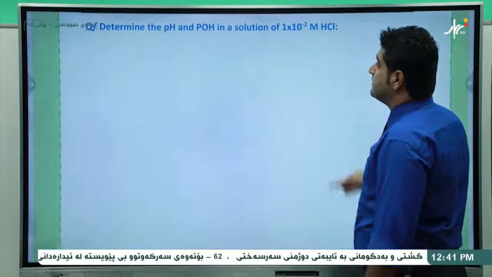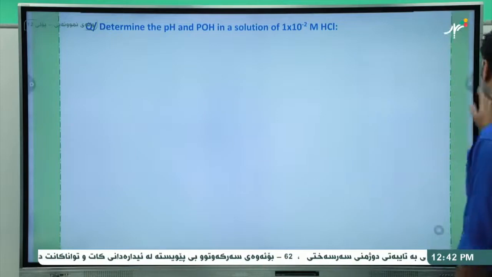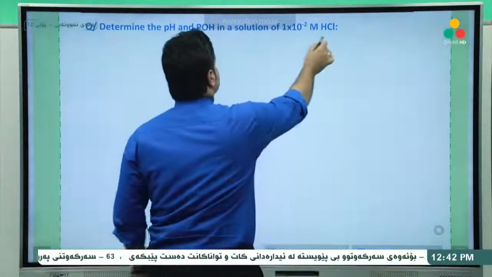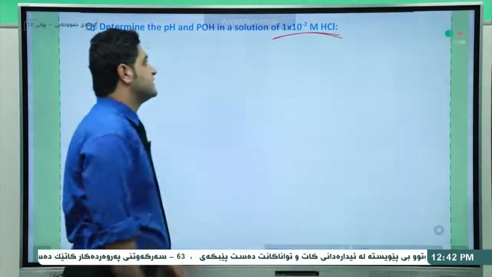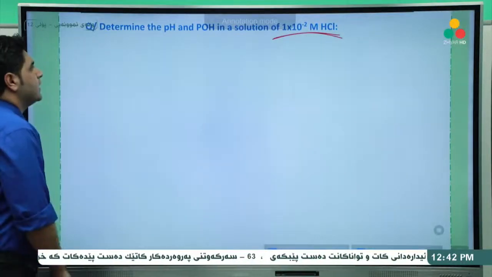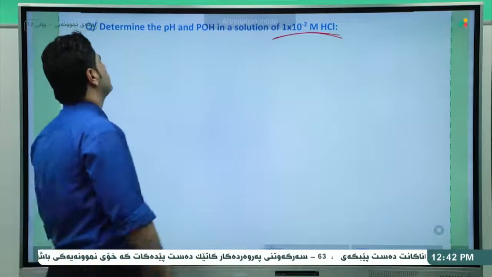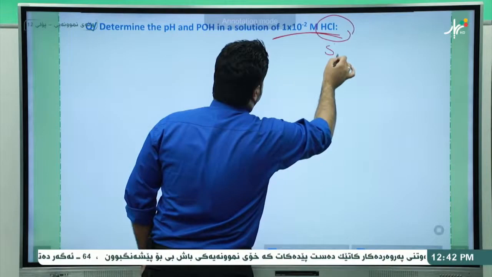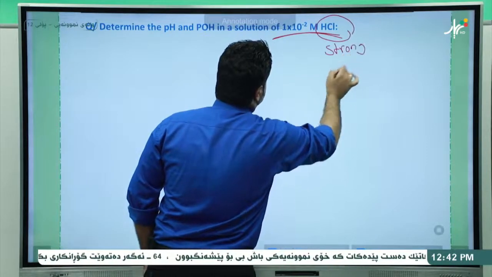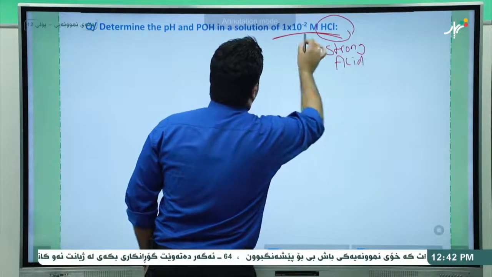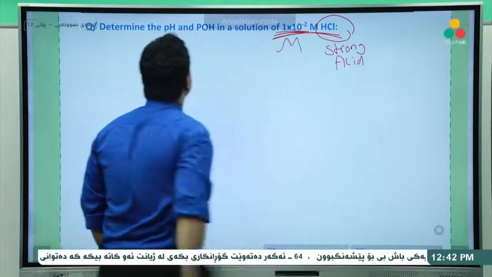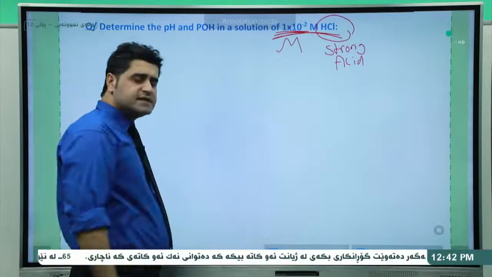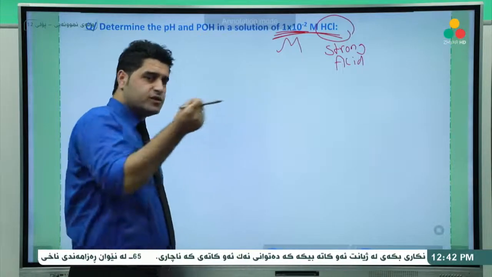Now, determining pH and pOH. pH and pOH for a solution that has a concentration of 1 times 10 to the negative 2 molar. Well, we have to find out the value of pH and pOH. And we have a strong acid and its molarity. So how can we find out pH and pOH? We know that from molarity we can get the hydronium ion.